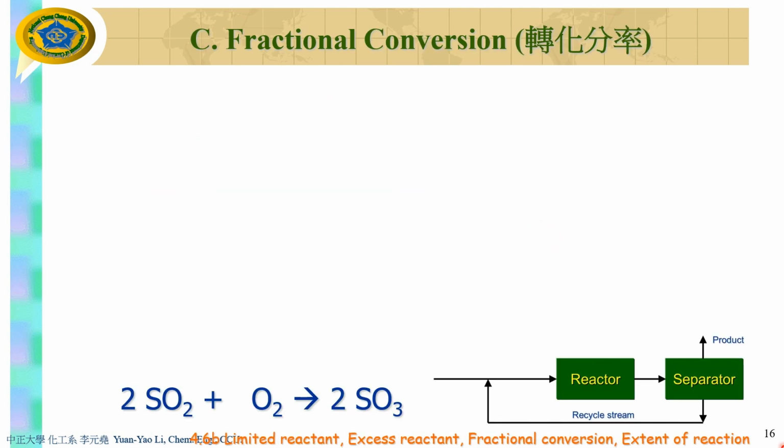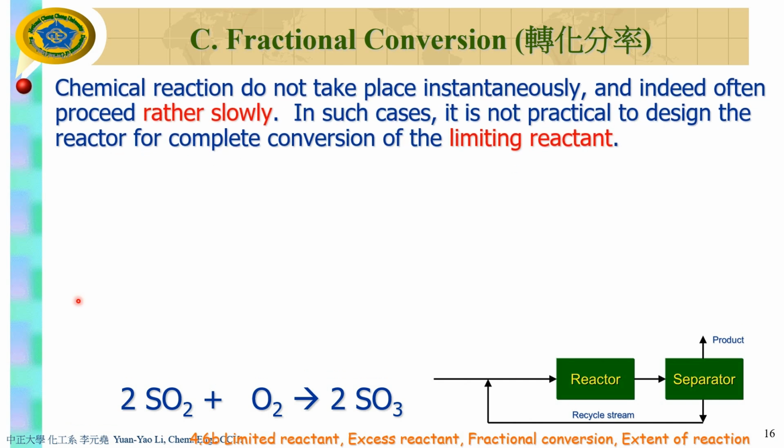Okay. So what is the fractional conversion? Chemical reactions do not take place instantaneously, and indeed often proceed rather slowly. So if you think of this chemical reaction, it might be slow, and you don't want to wait.